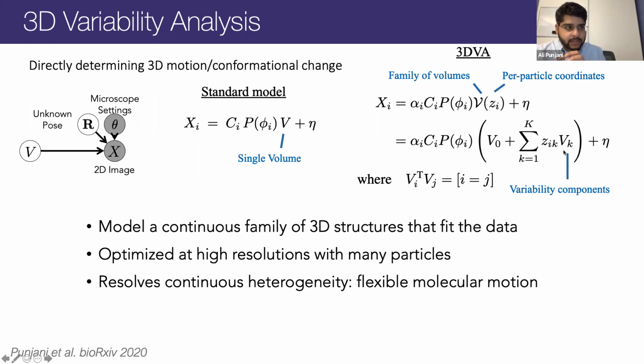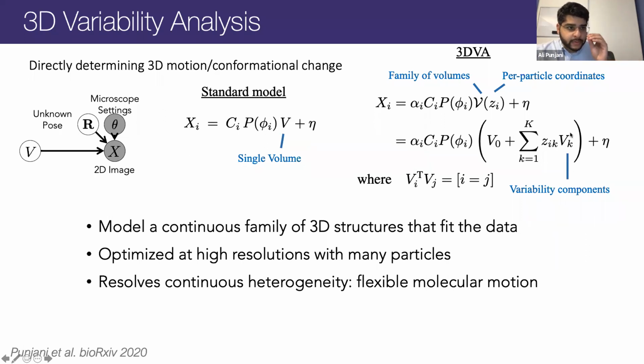So each of these K different Vs, V1, V2, V3, are now, instead of being different classes, different modifications that we're allowed to make to the basic structure in varying degrees, and the degree of modification is indexed by Z. So a Z value of 0 means we don't add any of that particular V, but if a Z value is 5, then we're adding 5 times that particular V to the basic structure.